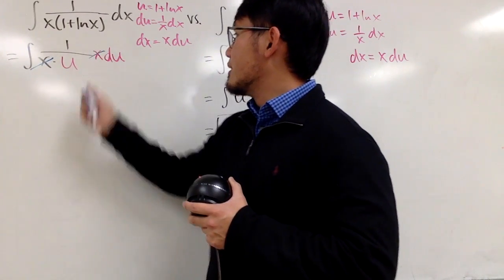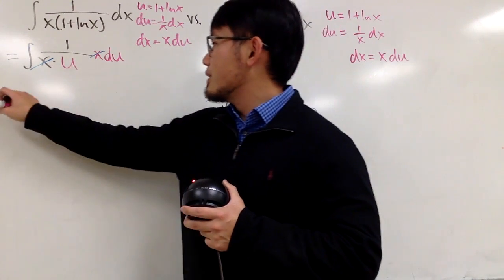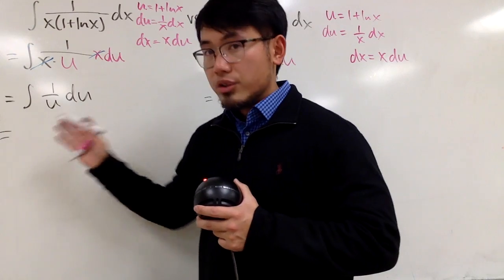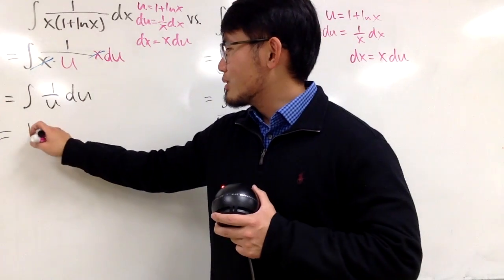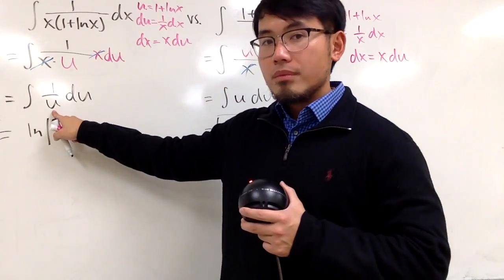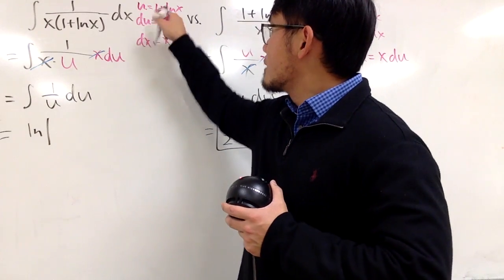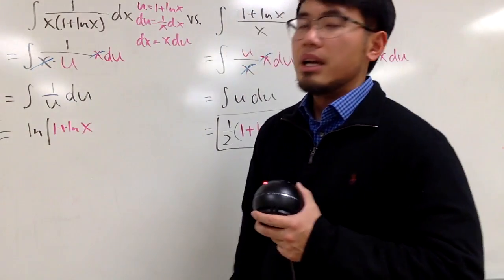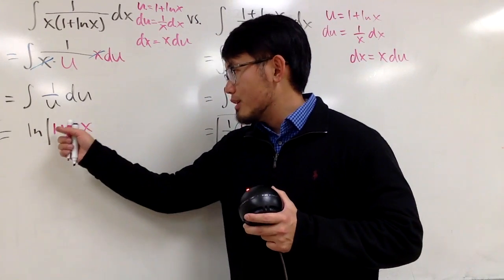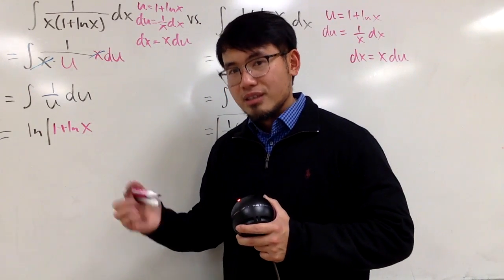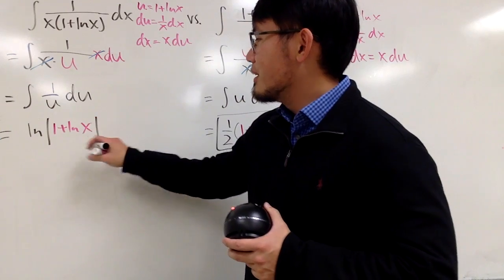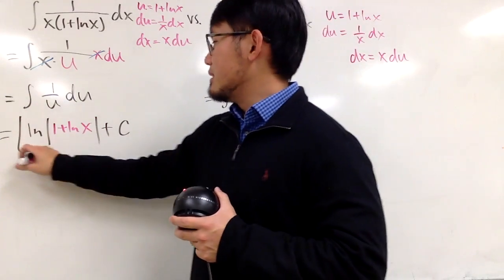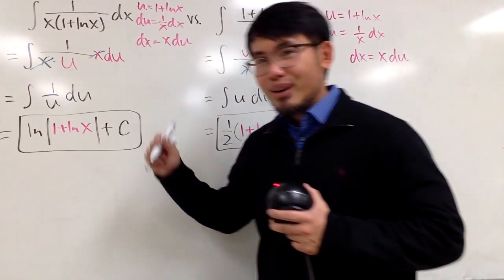The x here, they still cancel each other out. We get the integral 1 over u du. So we end up with natural log absolute value, and u is this guy, so we put down 1 plus natural log of x. We need the absolute value because 1 plus natural log of x can sometimes be negative, so you have to put in the absolute value, and you're done. Put a plus c right here. So that's it.